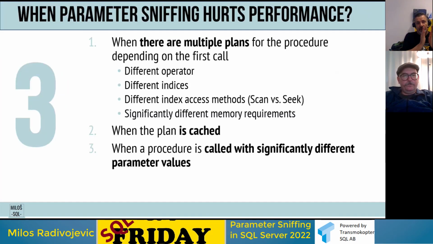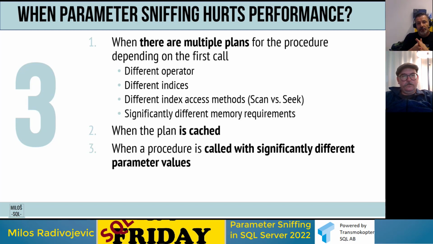So when does parameter sniffing harm performance? When we have multiple plans. When we have a single plan for all calls, then all is fine. When we have multiple plans for different calls, with different operators, like scan versus seek, or different indexes, where you search first for customer ID and then for order date.